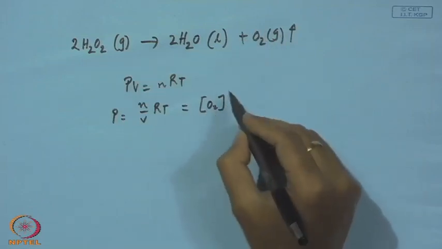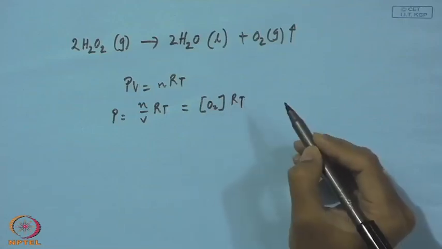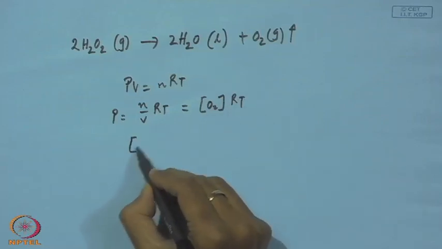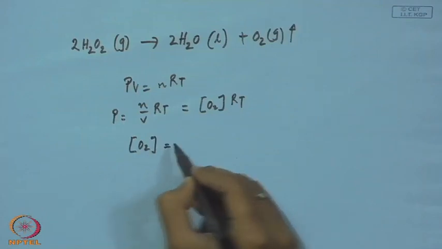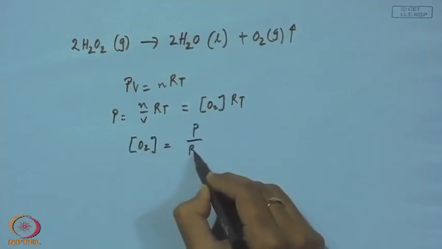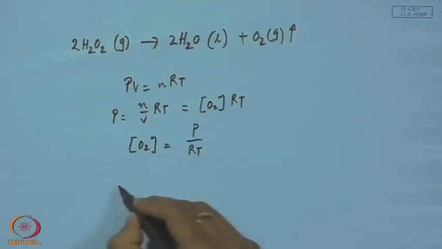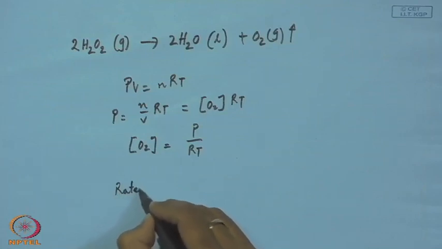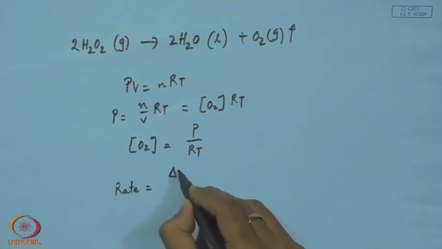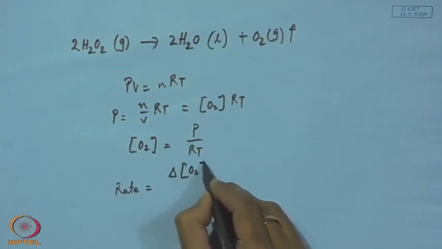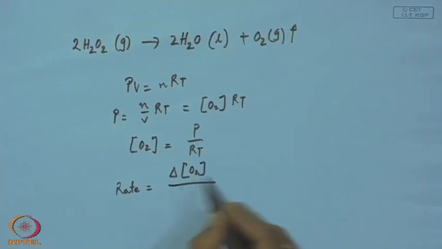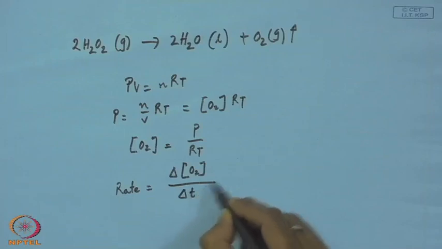So, the concentration of O2 is equal to P by RT. Okay. So, rate will be equal to delta of concentration of O2, because delta O2 means how much change in concentration of O2 there is, divided by delta t.